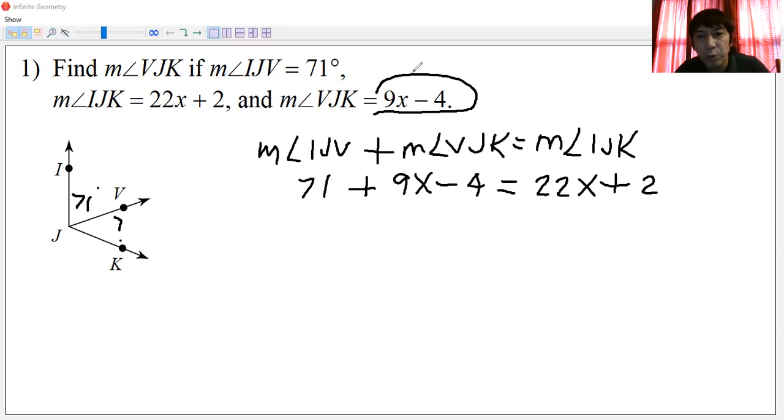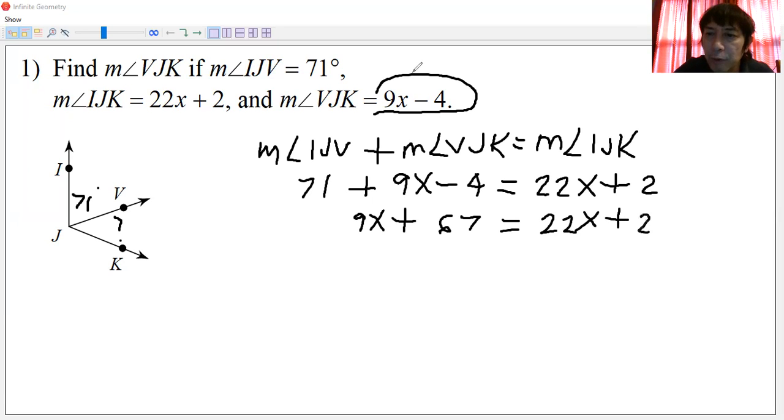All right. So we'll start with combining like terms, 71 minus 4, and that should be about 67. And we have the 9x still right there. And then the right side is the same, 22x plus 2. All right, we're going to subtract now the 9x from both sides. And we shall have something like, this is now 13x plus 2.